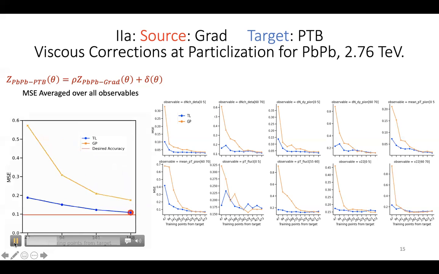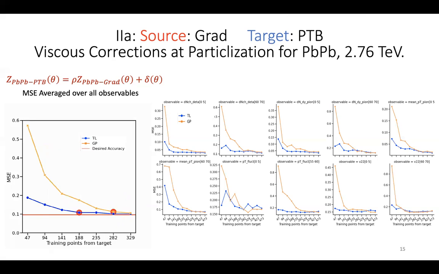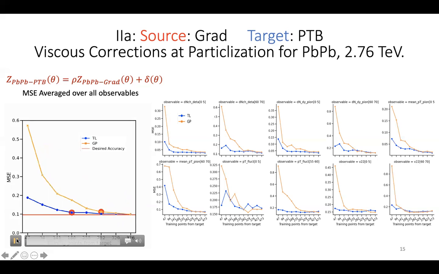And again, what we see is the transfer learning methods quickly converge to the desired accuracy, while it takes a lot more samples from the target for the Gaussian process to converge to the same level of accuracy.